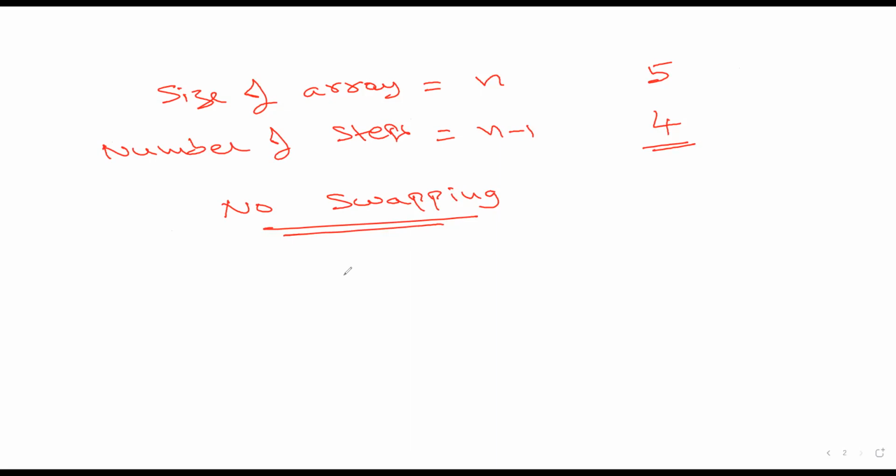After shifting the elements, in the empty position we place the key value. So the complexity of this algorithm is big O of n square. If you change our comparison strategy, you will get the array in descending order. Now we will take a program for this insertion sort.